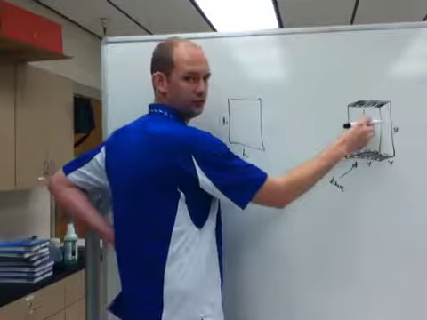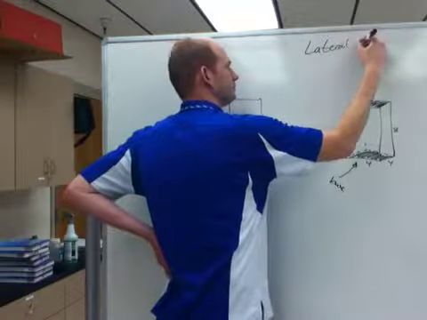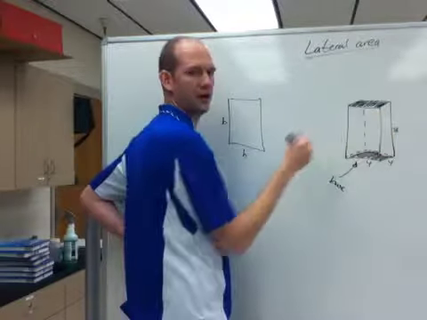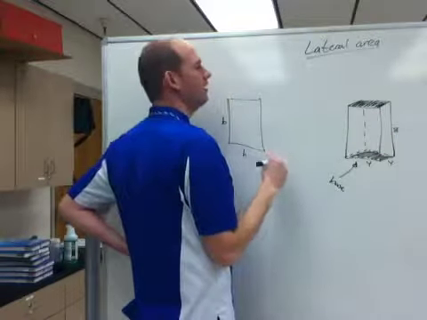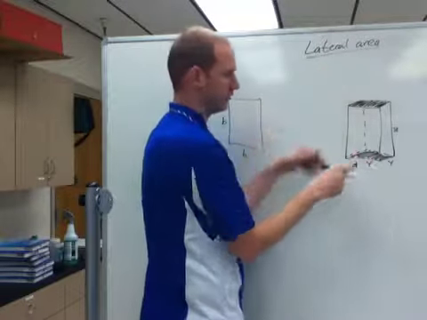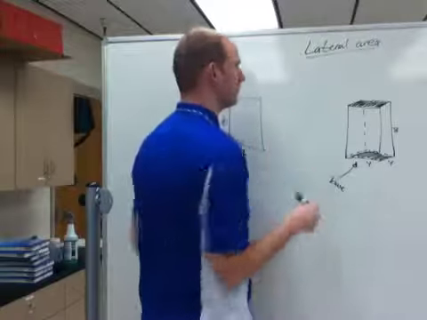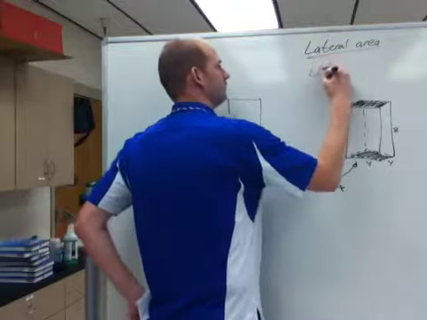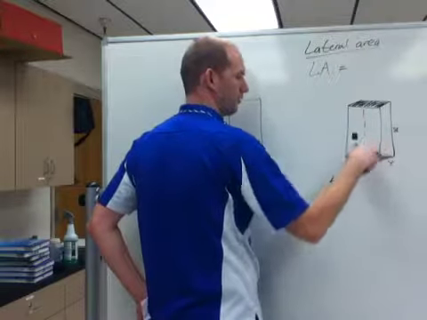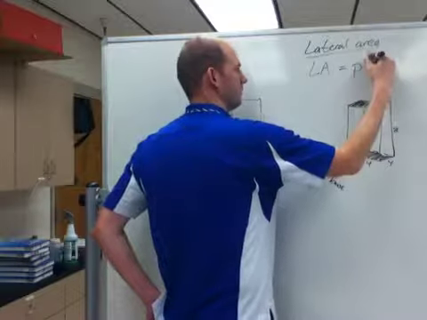To find the surface area of this, I first need to find what's called the lateral area. The lateral area is all the sides that are not the base. So I have this base and this base. We don't count those in the lateral area. So the lateral area you can think of as like the sides of a box, rather than the top or the bottom. So the lateral area of the prism is equal to the perimeter of the base times the height.